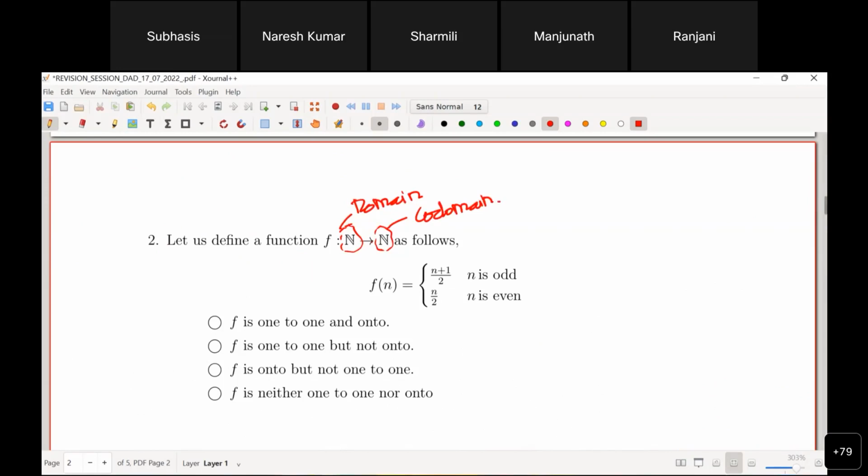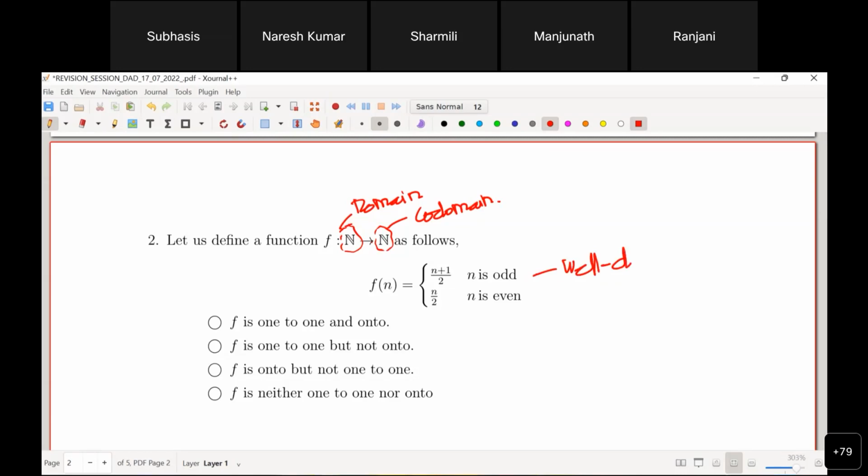I have defined my map like this. If the input is an odd number, then the output is (n+1)/2. And if the input is even, my output is n/2. As you can check, this is a well-defined map.